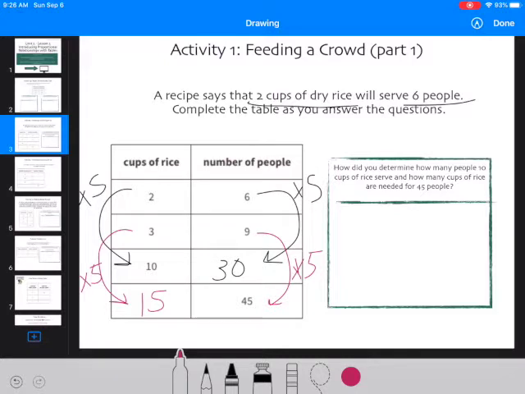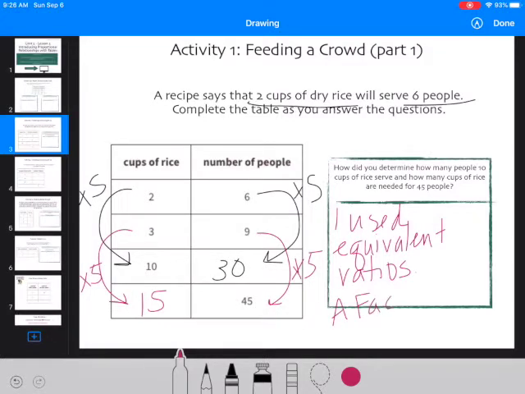So what I was using were equivalent ratios, or a factor. So I'm using a factor or a multiple to figure out what goes where. So my answers were 30 and 15.